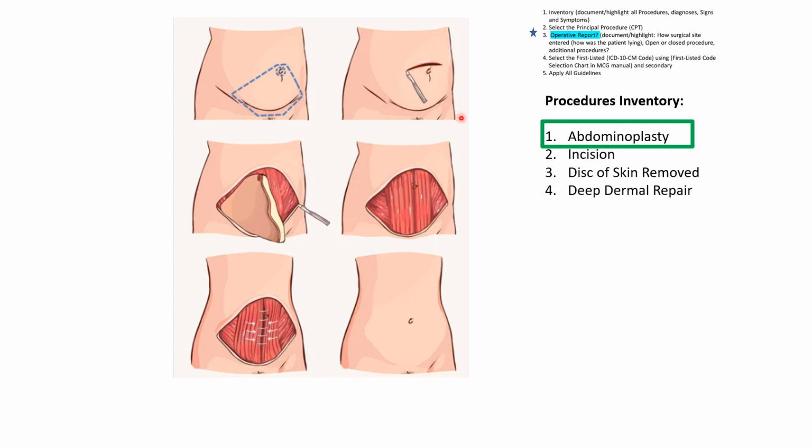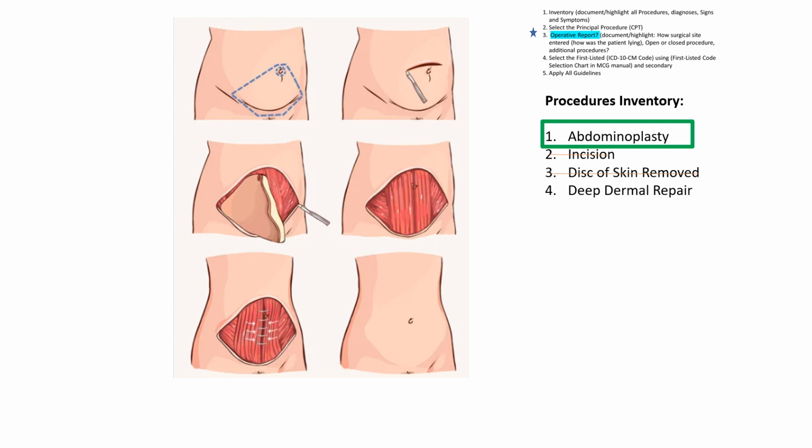So based on these pictures and images, we can just go ahead and cross off incision. Next, disc of deep skin removed. All right, so in the third image, we see a disc of skin being removed. And fourth, that's our proof that it's gone. So we're going to go ahead and cross off the disc of skin removed.